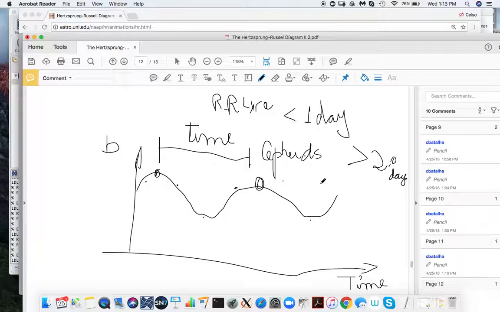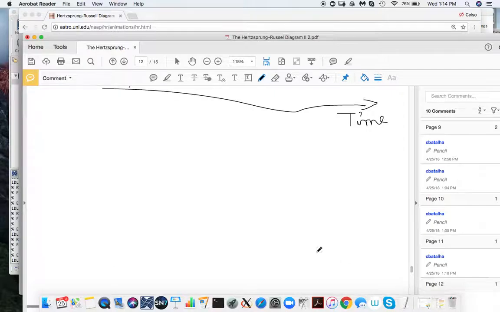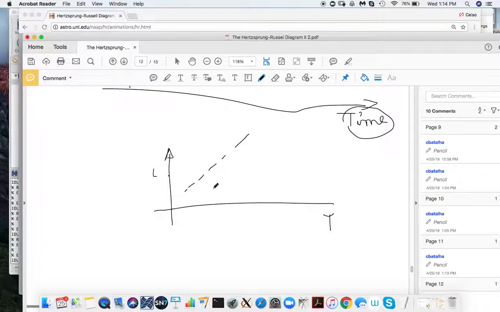If we can identify the period of the star, astronomers were able to prove that the period, which means the time it takes the star to go from peak to peak, is correlated to their luminosity. In other words, if you observe the star and just get the time they take to go from peak to peak, you can get a pretty good measure of their luminosity.